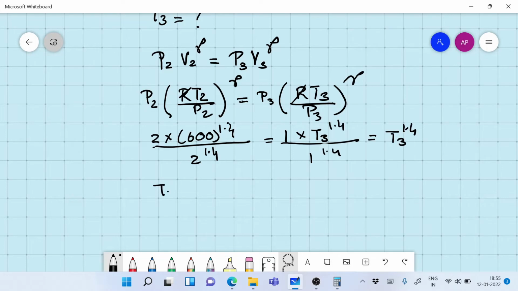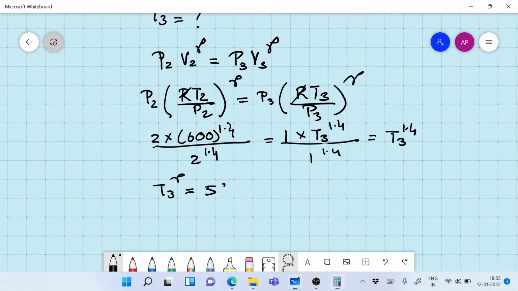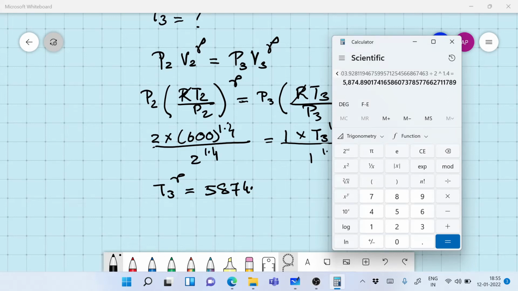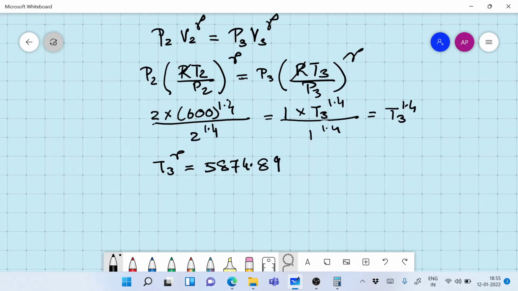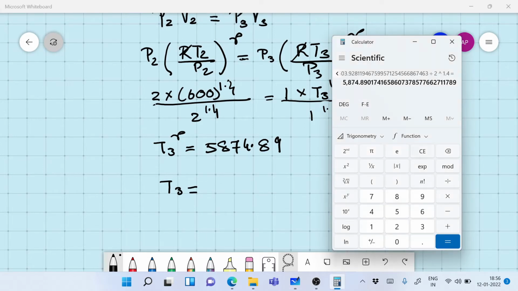So that makes it T3 raised to gamma is equal to 5874.89, and therefore we get T3 as 5874.89, the whole raised to 1 divided by 1.4.